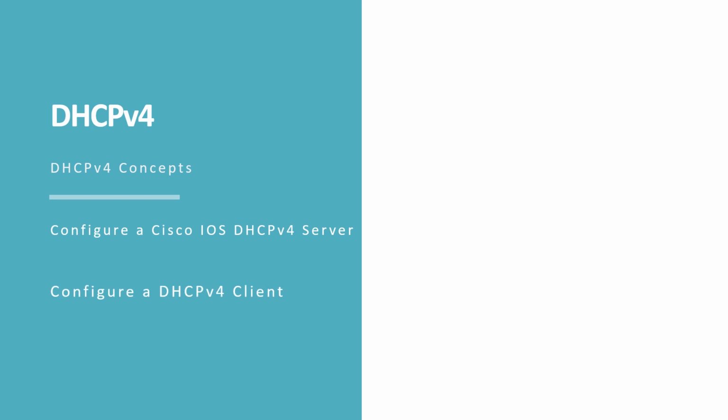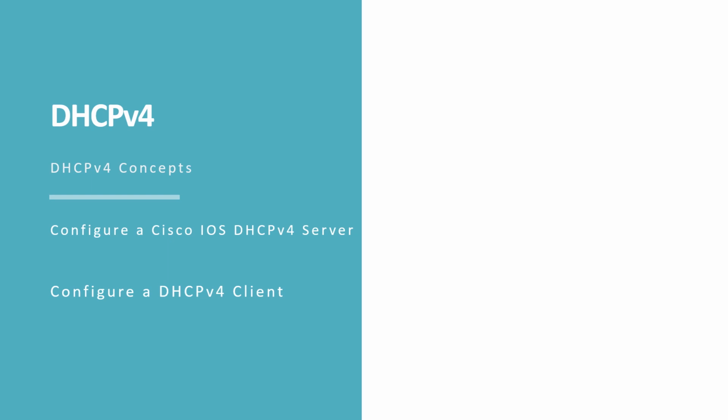When we configure DHCPv4, we will implement DHCPv4 to operate across multiple LANs. And for this, we will explain how DHCPv4 operates in a small to medium-sized business network. We will configure a router as a DHCPv4 server and as a DHCPv4 client.